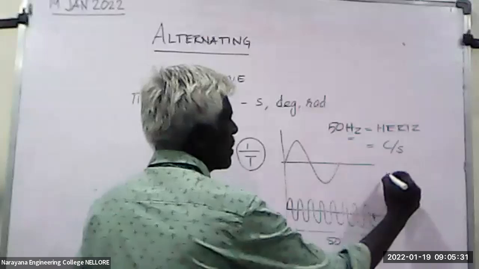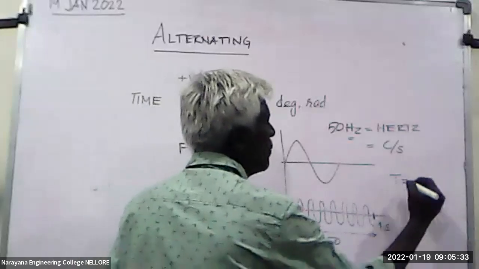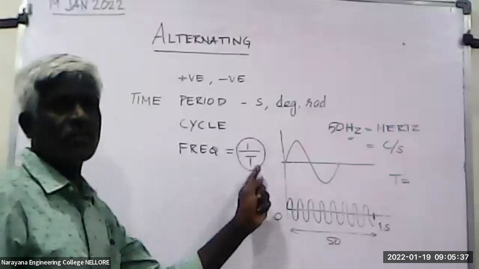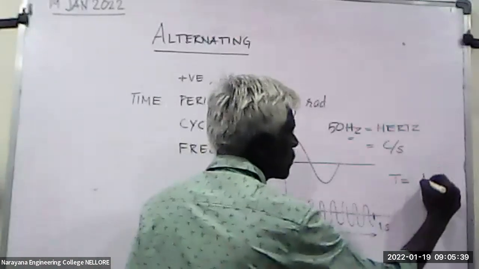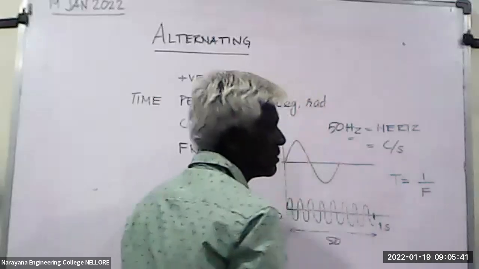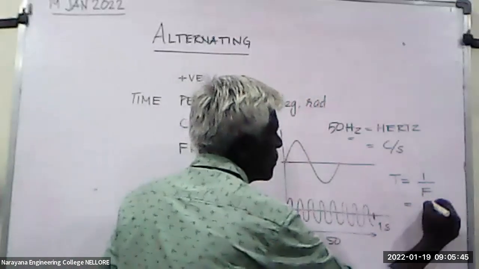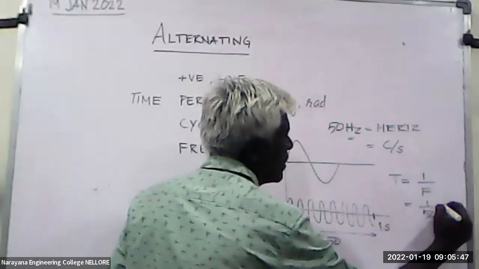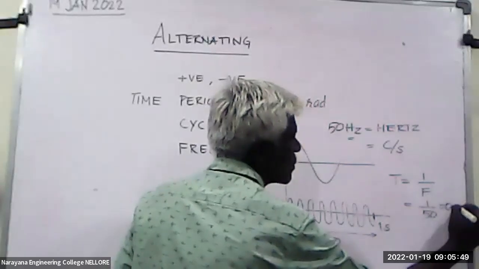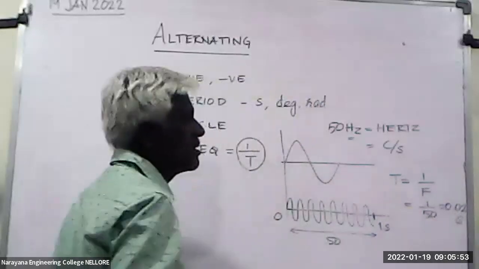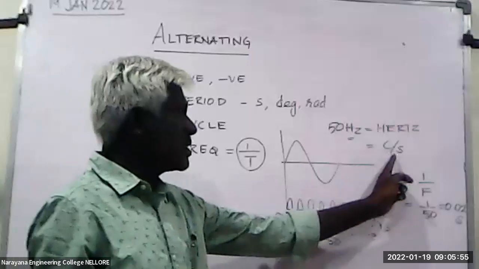If you want to find out the time period of the signal, what should we do? As we have seen, the frequency is the reciprocal of time. Time will be the reciprocal of frequency. So when we take the reciprocal of 50 Hertz, what do we get? We get 0.02. It is in seconds because we have taken cycles per second, right?